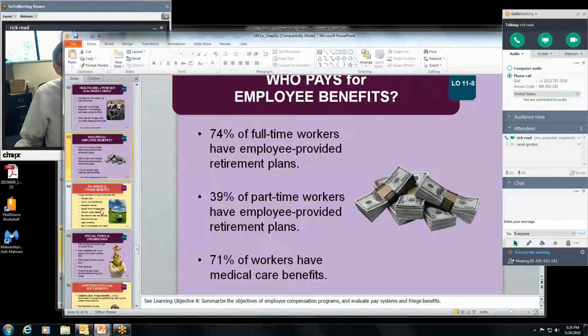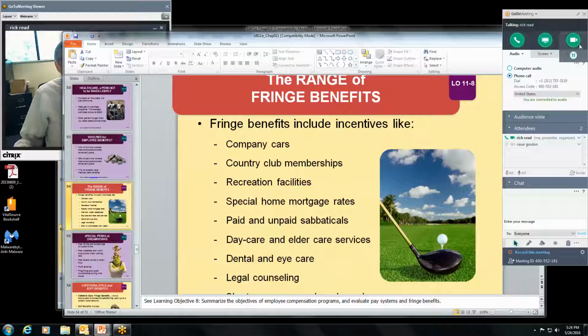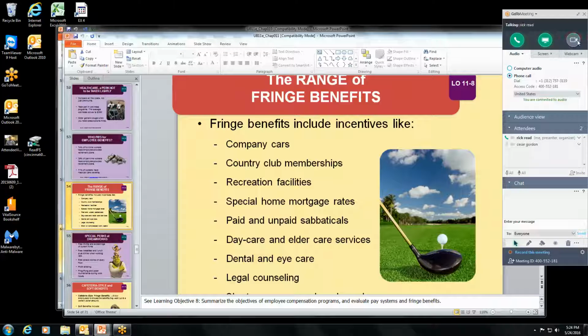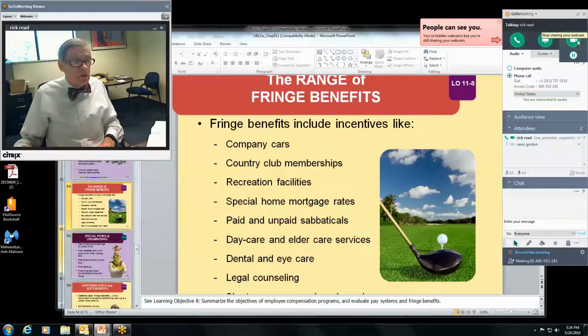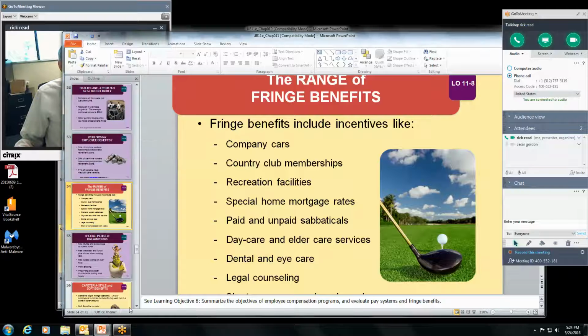It can change. We know that. These are some other type of fringe benefits, which I'm not going to go into. It's kind of a laundry list.